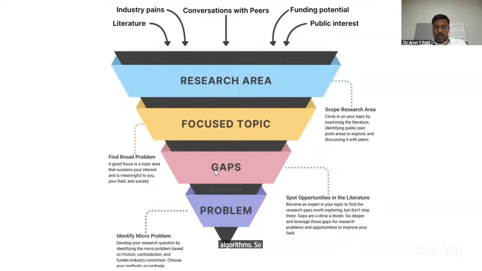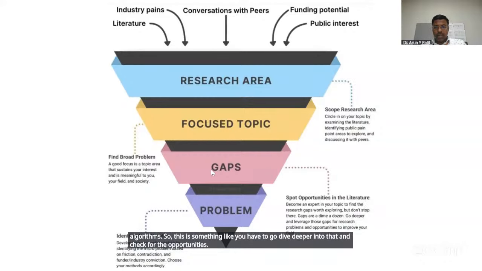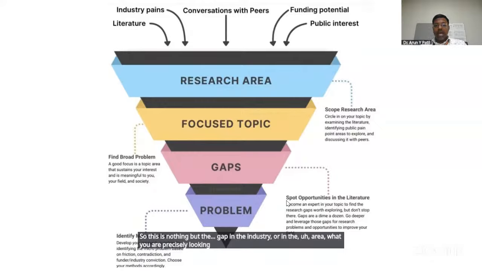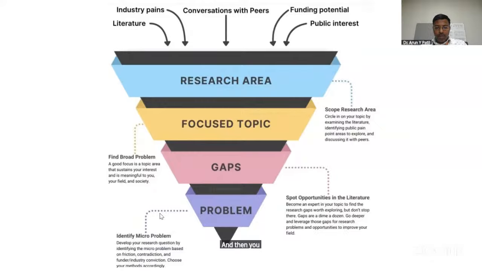So you have to dive deeper into that and check for the opportunities. So this is nothing but the gap in the industry or in the area that you are precisely looking for, and then you redefine the whole problem as per the requirements.